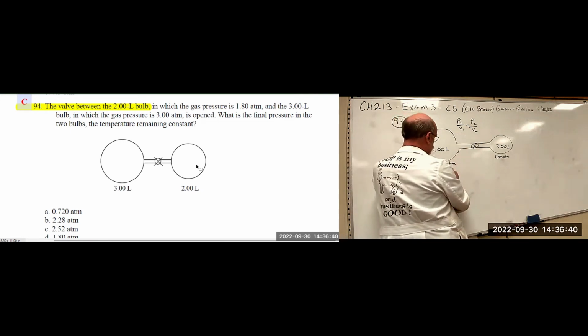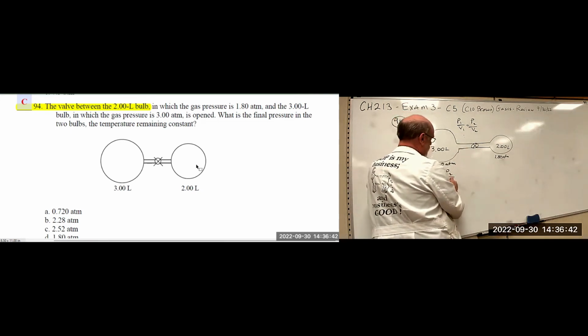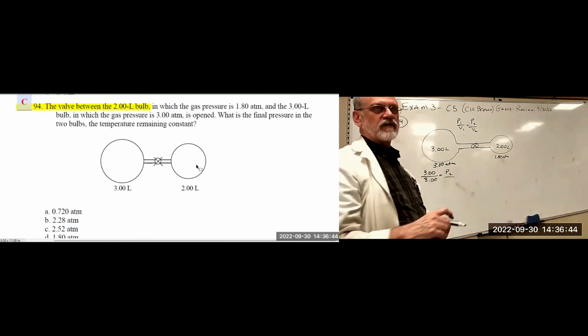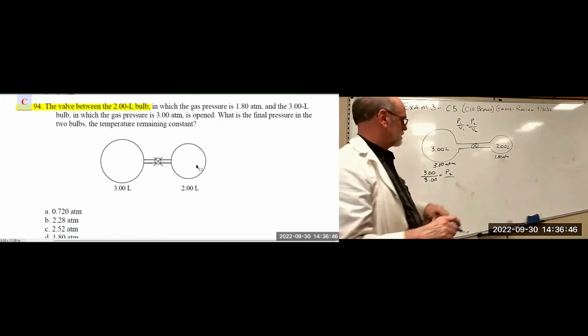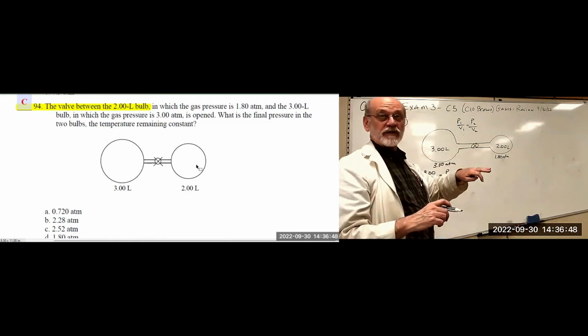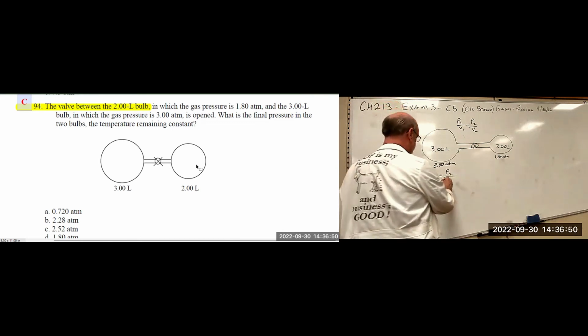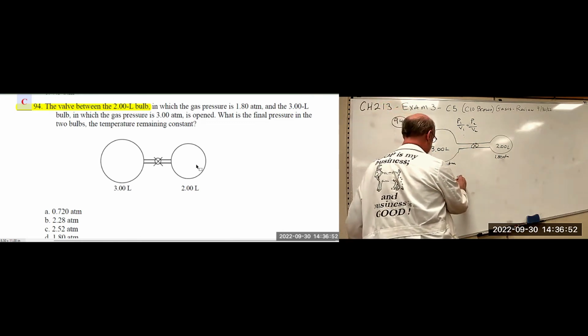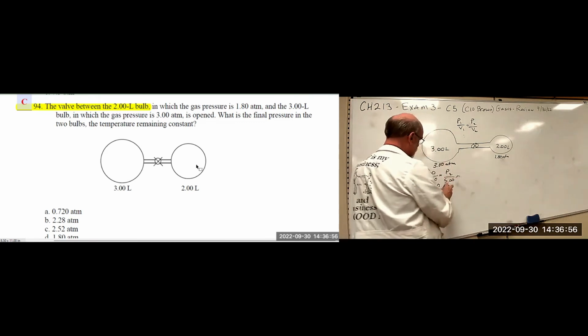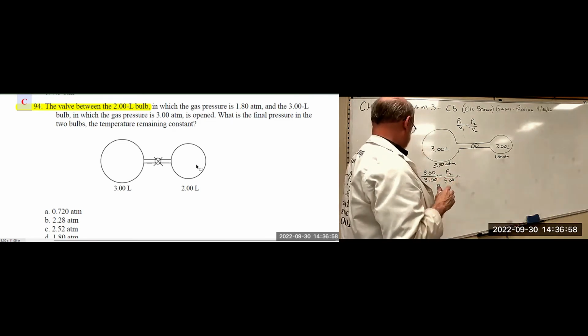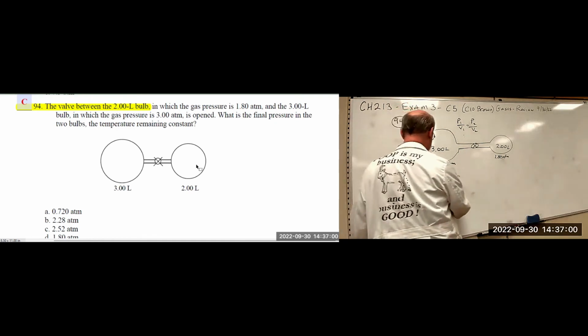P2 is unknown. What's the final volume? 5 liters, 3 plus 2. So P2 for this side is 15 divided by 3, right?